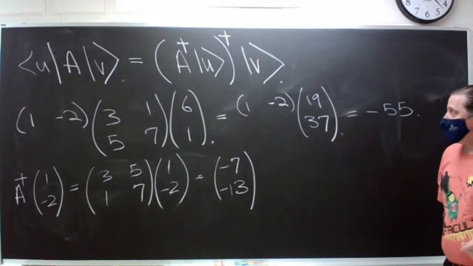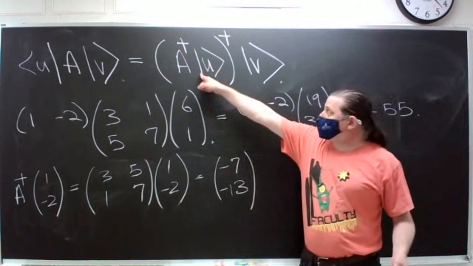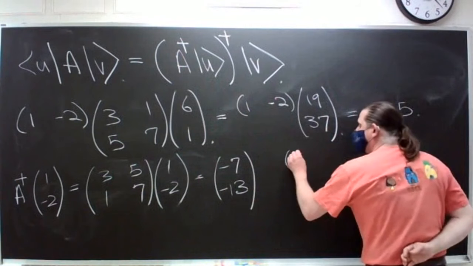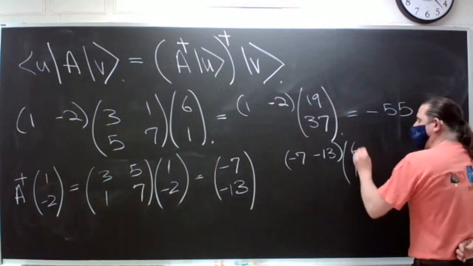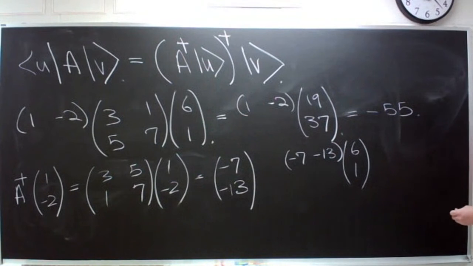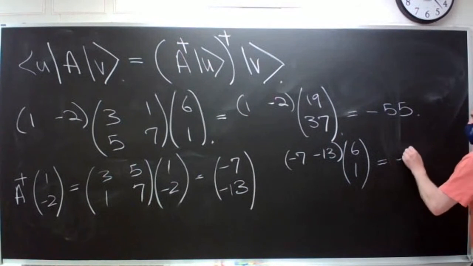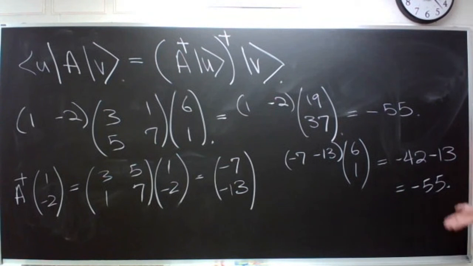You might say, oh, that's not negative 55. And that's right, it's not. That's because that's only this part. Now I have to do the dagger of that and act on 6, 1. So I would get negative 42 minus 13, which indeed is negative 55.